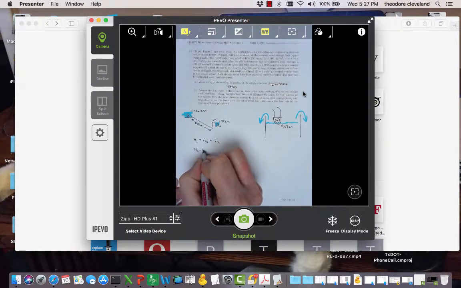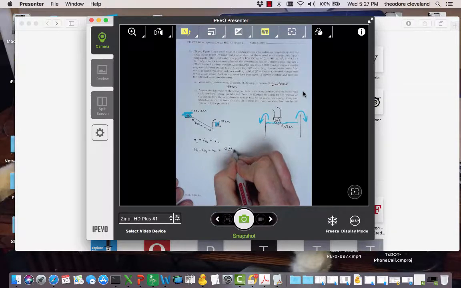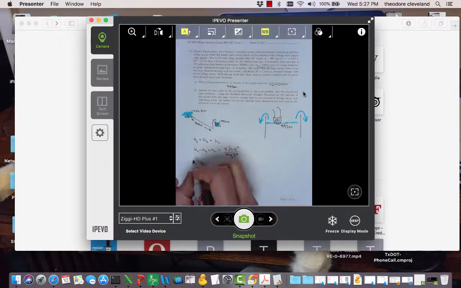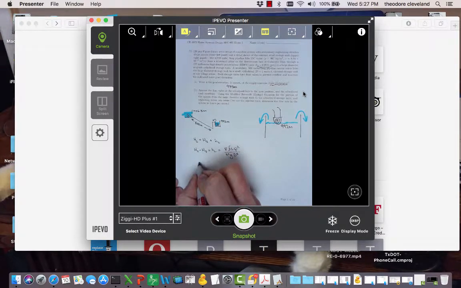H2 minus H3 equals the head loss, which is equal to 8FL Q squared over pi squared g d to the fifth. We know to use Darcy-Weisbach because we're given a roughness height. So as written, then we would have to come up with values for friction factor based on flow rate. However, this is clearly a case where we can apply the Jain equation.